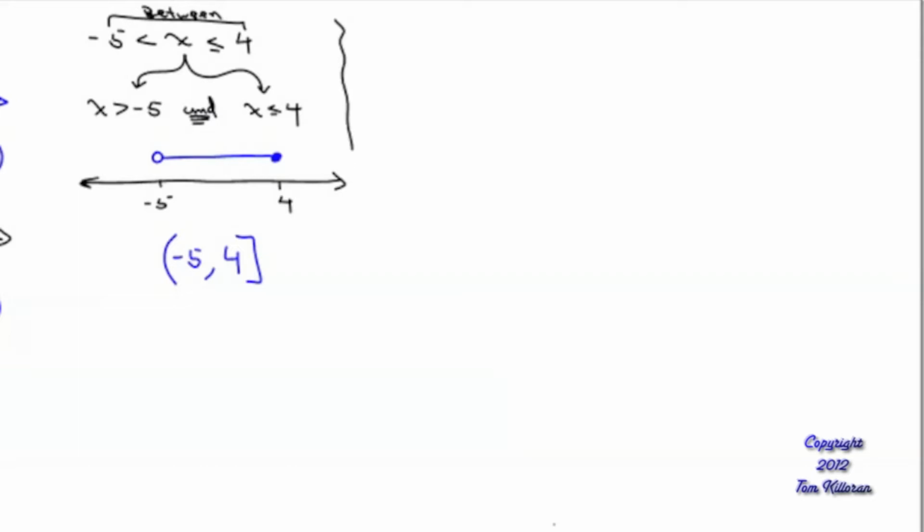All right, ugly equation. For example, 3 minus 4x plus 5 divided by 6 is greater than or equal to 4 plus 5 minus 2x over 3.